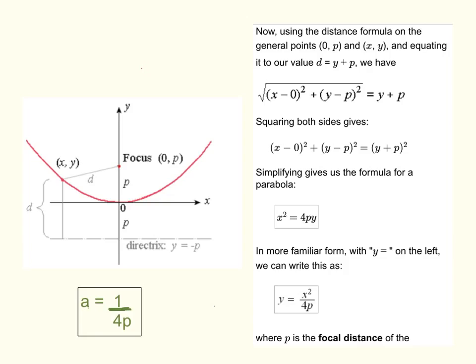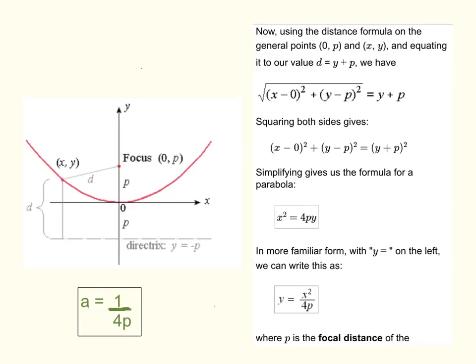So using the general formula for the points 0, P and x, y, we use the distance formula, and we're going to set this distance equal to this distance. This, of course, is y plus p. It's the distance from this point plus this distance equals the distance from this point to this point.